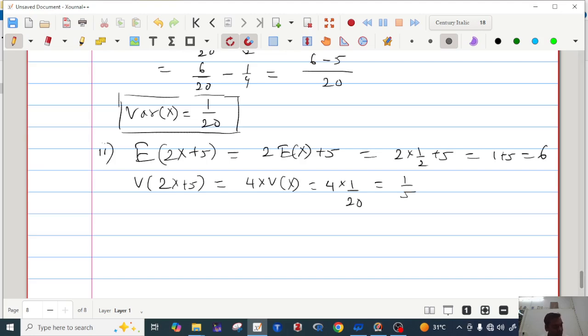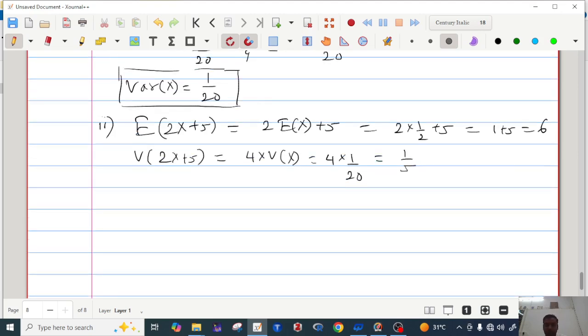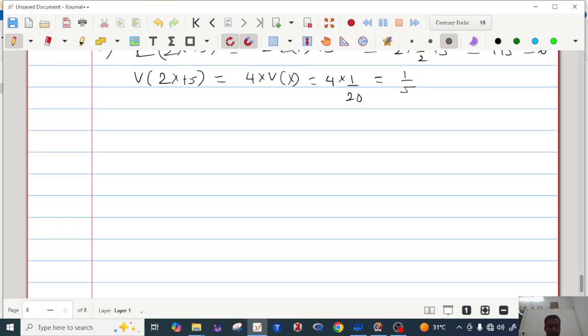Now the next concept is moments, raw moments and central moments. How to define the moments?